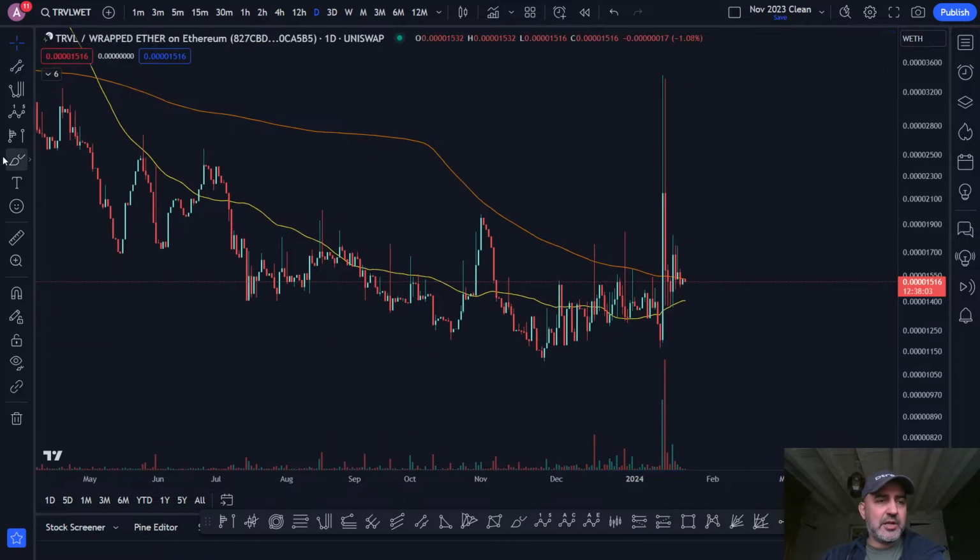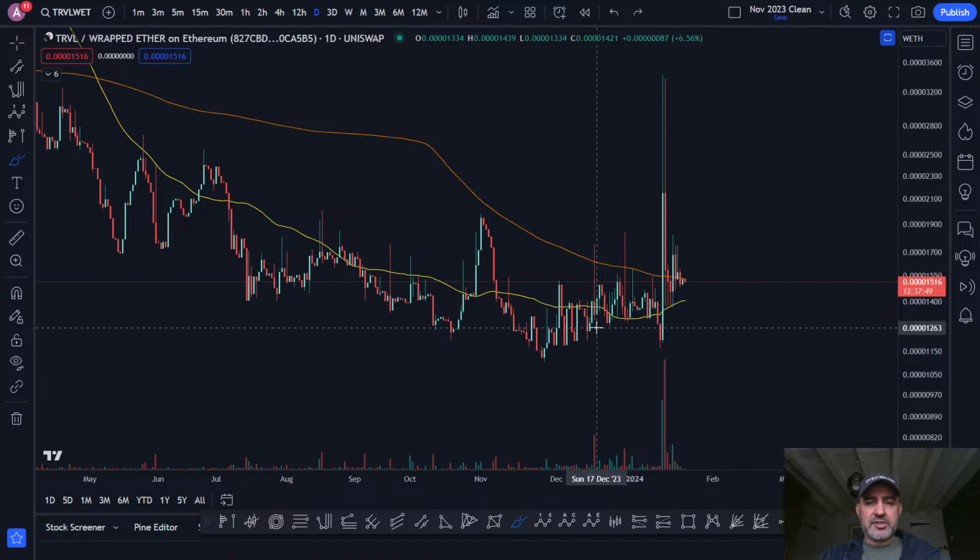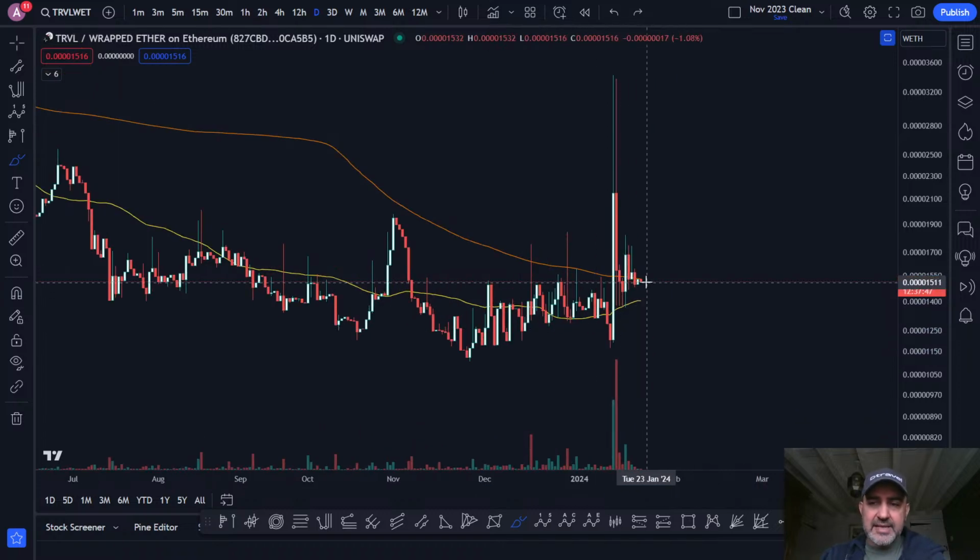The candles that we're losing are these candles, the closes of these candles. So as time passes, over the next week or two, all of these closes are going to come out of the equation, and we're going to add higher closes. As long as we're higher than the 50, the 50 is going to start moving upwards.